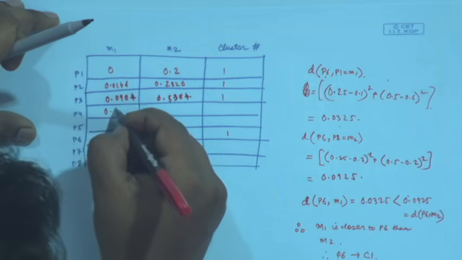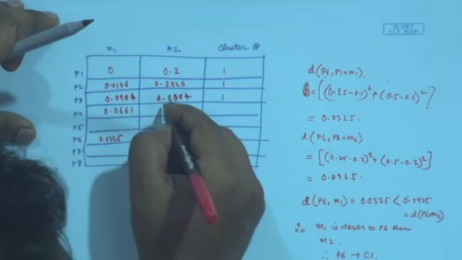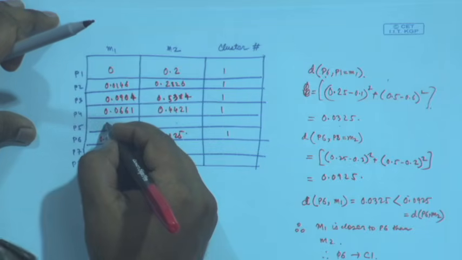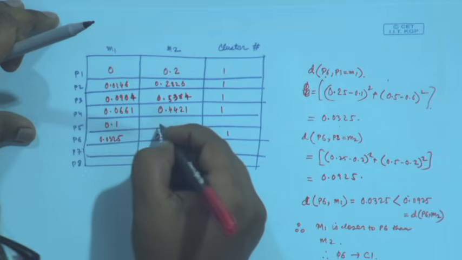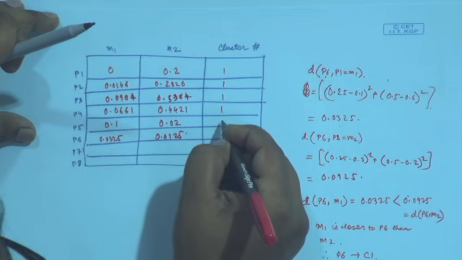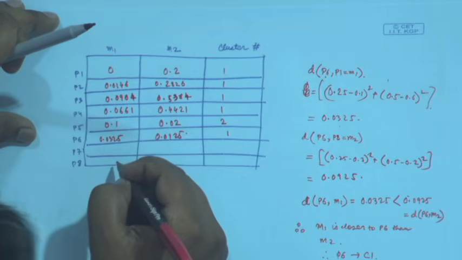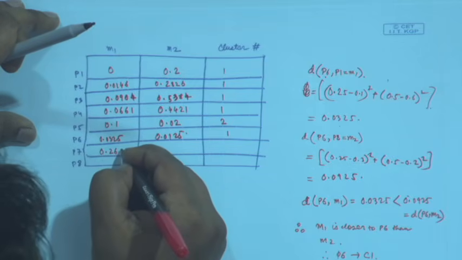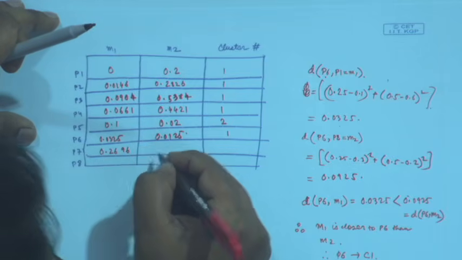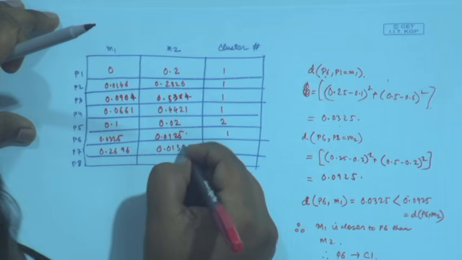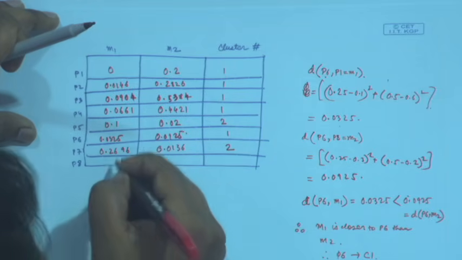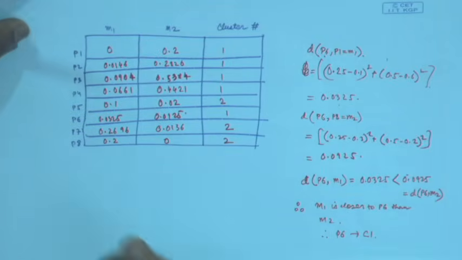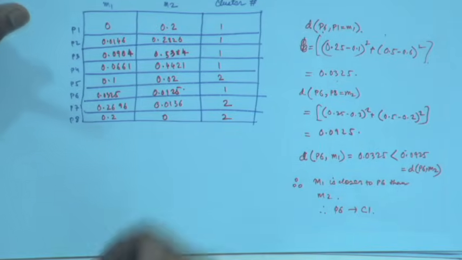Then this will be 0.0661, 0.4421, this is also cluster number 1, 0.1, 0.02, so this will be cluster number 2 actually. Now this one will be 0.2696, 0.0136, this will be cluster number 2, 0.20, cluster number 2. All right. So we calculated everything this way.